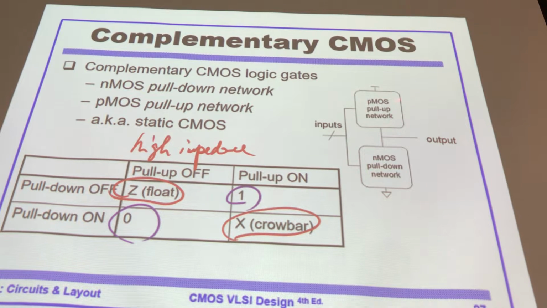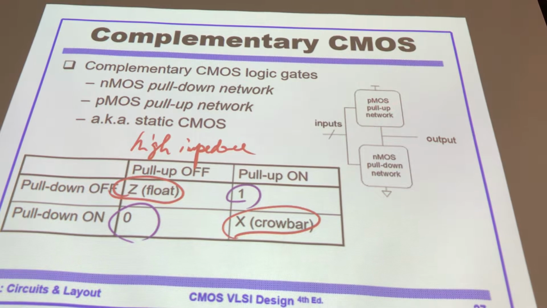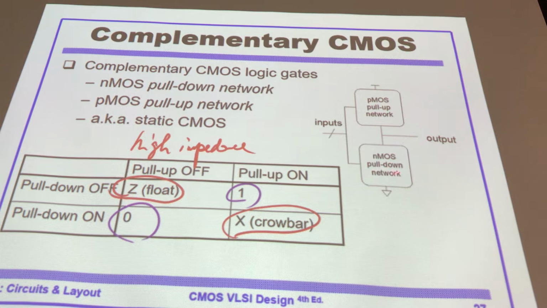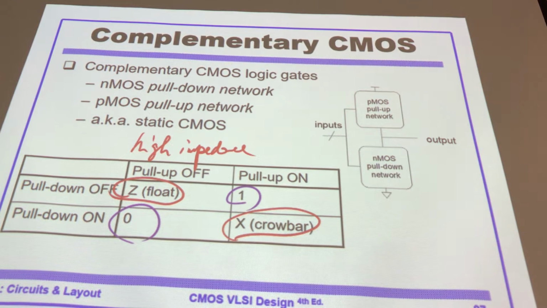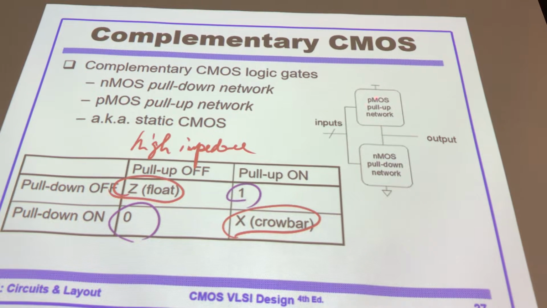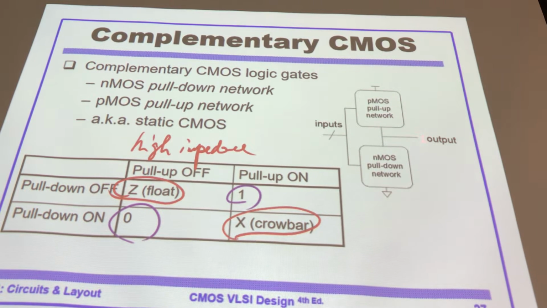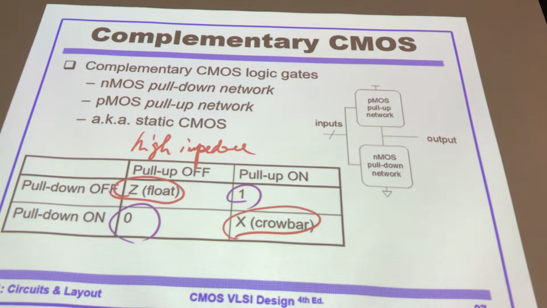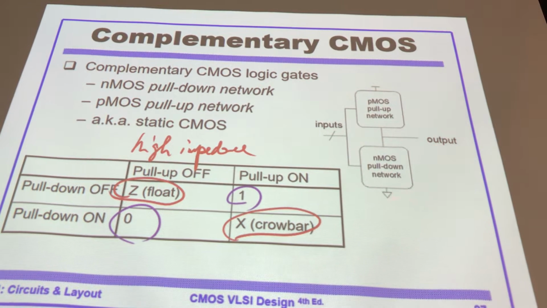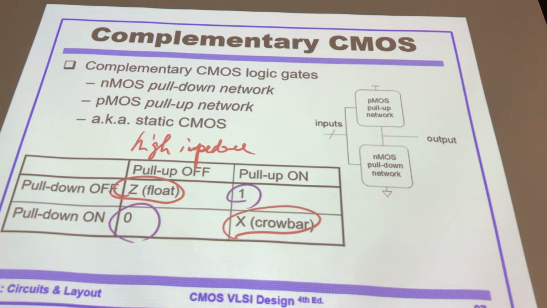There's a pull-up network with PMOS transistors. There's a pull-down network with NMOS transistors. The reason why we call it pull up or pull down is when it's on, you try to pull the output signal up to VDD. We said pull down network means it tries to pull down the output toward ground level, 0 volt.